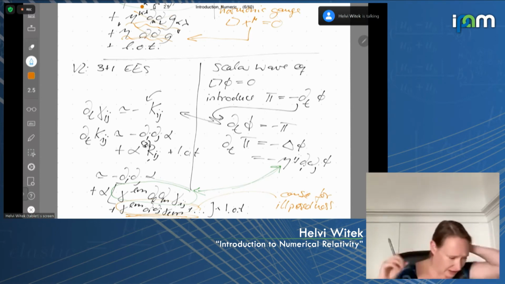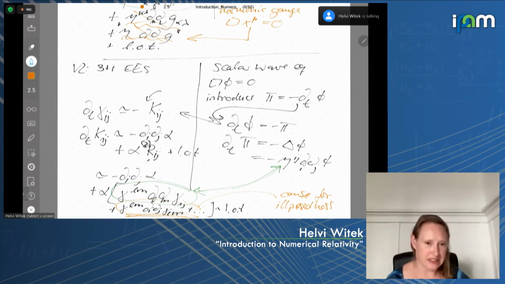We also have a second formulation that usually goes by Z4 in different variants that also has a constraint damping term. This is actually an even better type of formulation because it helps us keep the constraint violation down.